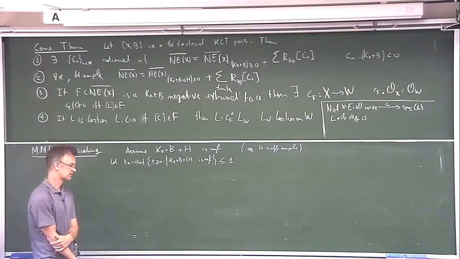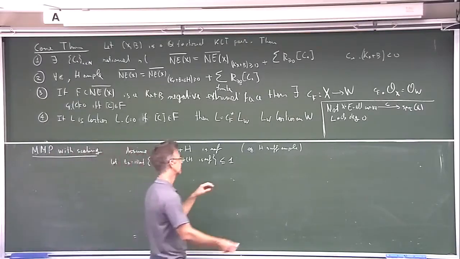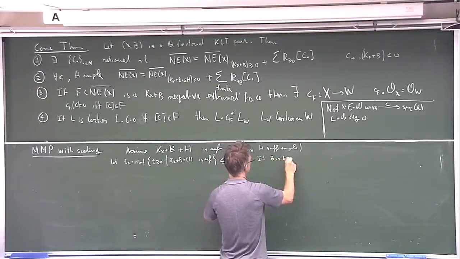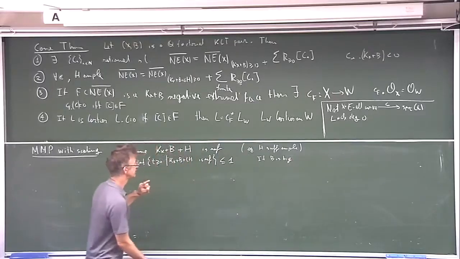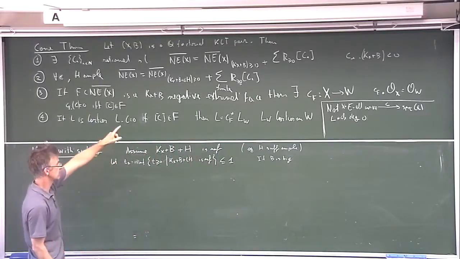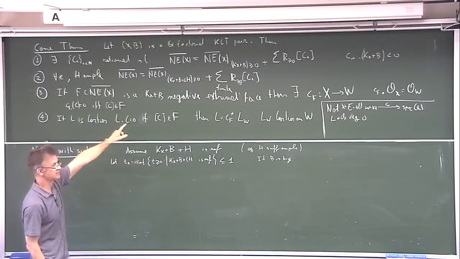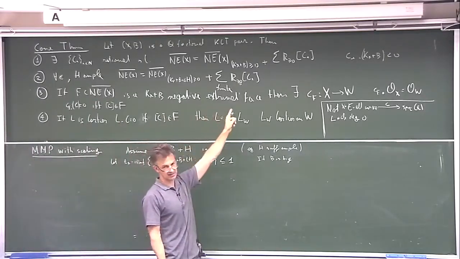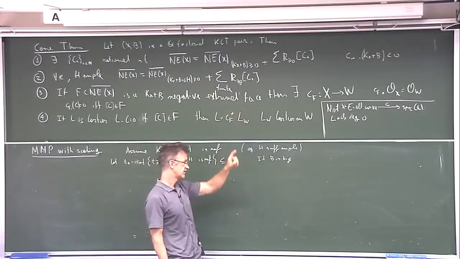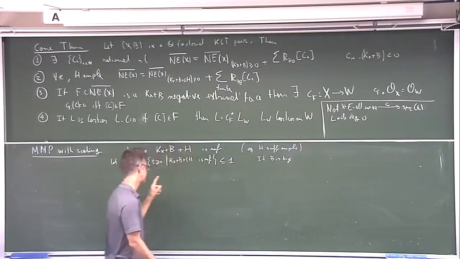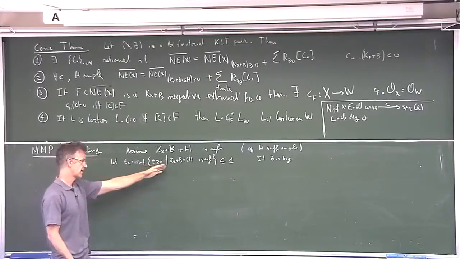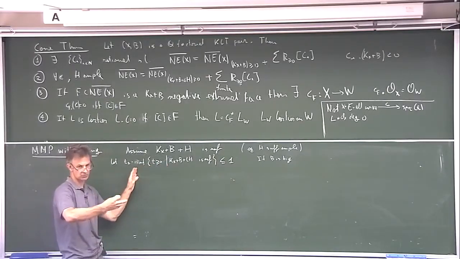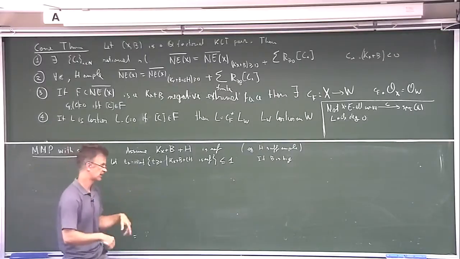You have lots of questions about this. But if B is big, the case you want to think about is where B is of the form B plus a very small multiple of an ample divisor. In that case, we only have finitely many negative extremal rays to worry about. In that case, we can guarantee that, in fact, t is a rational number, and this threshold is reached because you encounter a negative extremal ray.